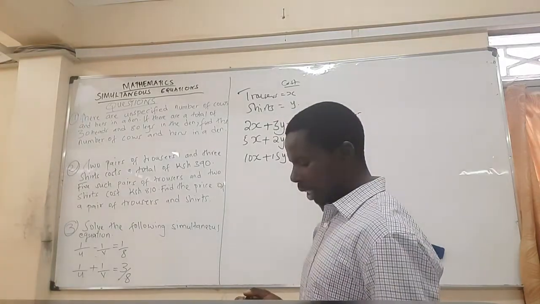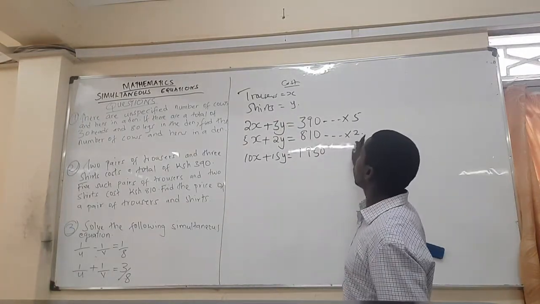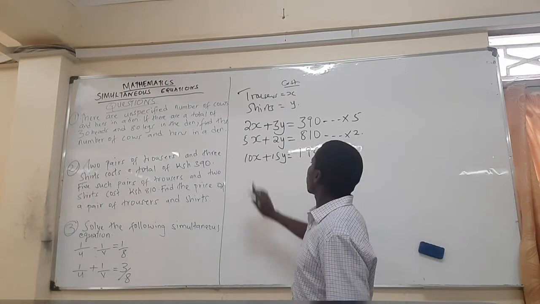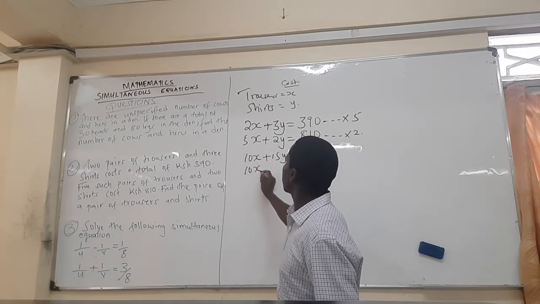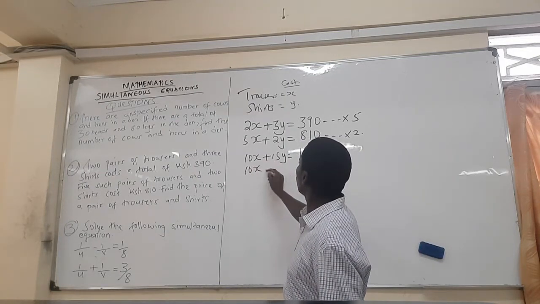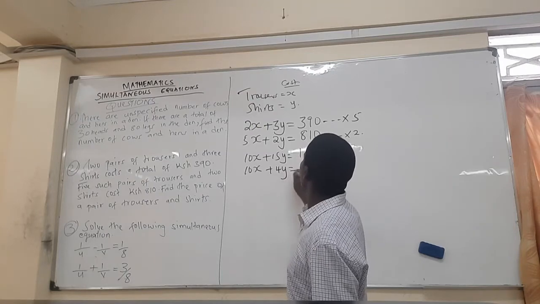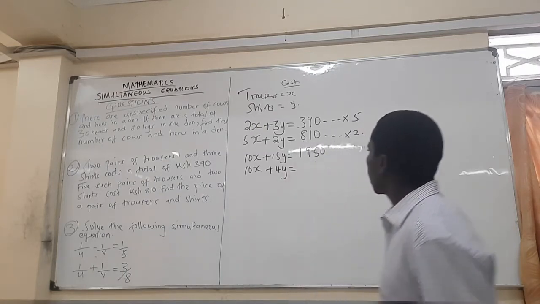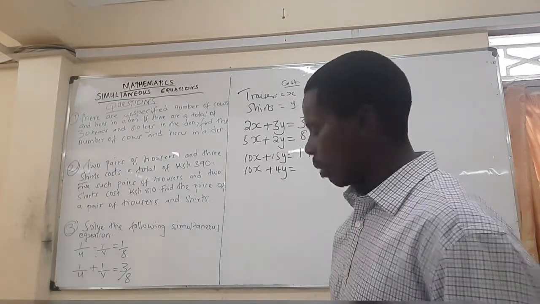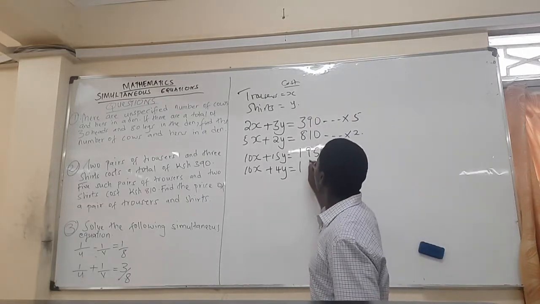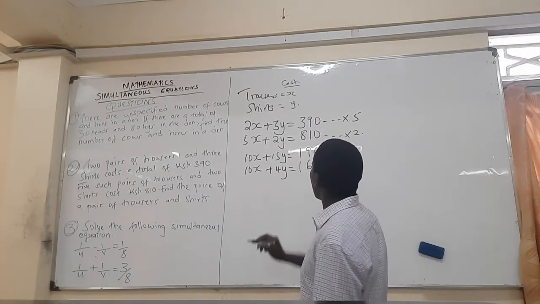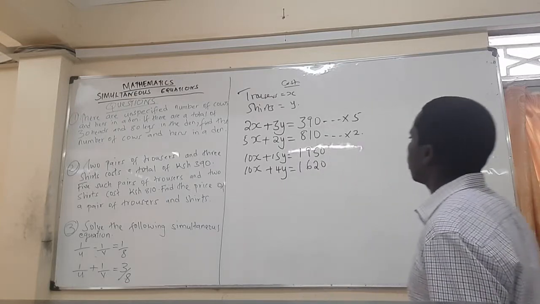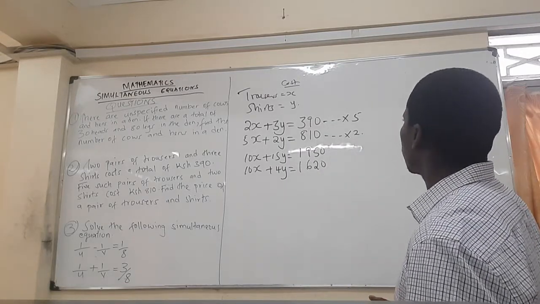Then we have the second part here, you multiply everything by 2. So 5x times 2, you get 10x. Then 2y times 2, you get 4y. And 810 times 2, you get 1620.